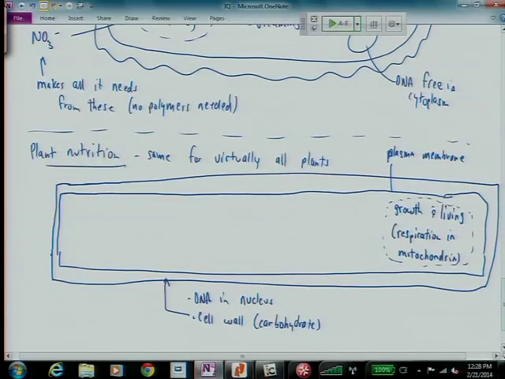Even though plants are sort of known for their photosynthesis, they actually do have mitochondria. And so to some extent, sometimes parts of them do take in oxygen and give off carbon dioxide. On balance, it's the reverse. But water is needed for this, and salts are needed for that as well.